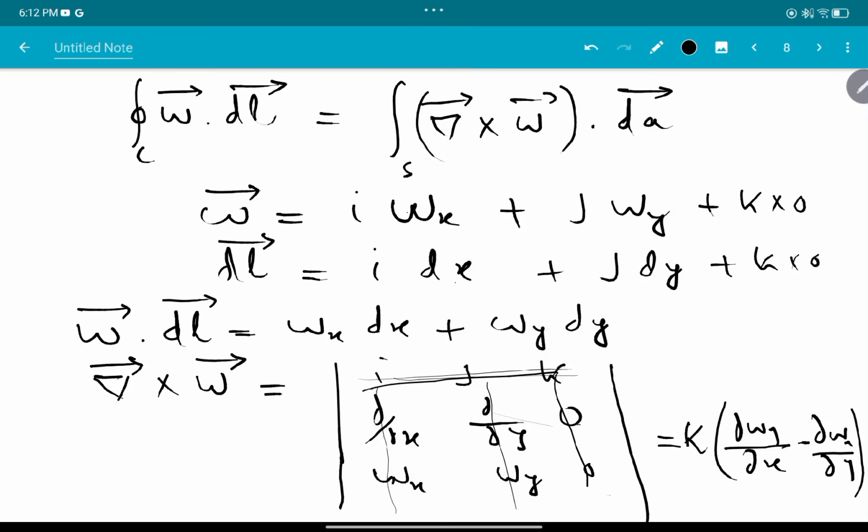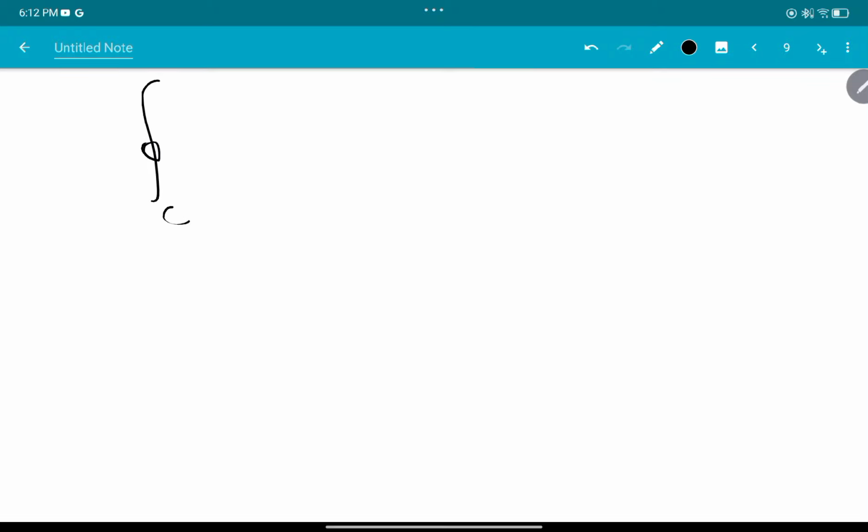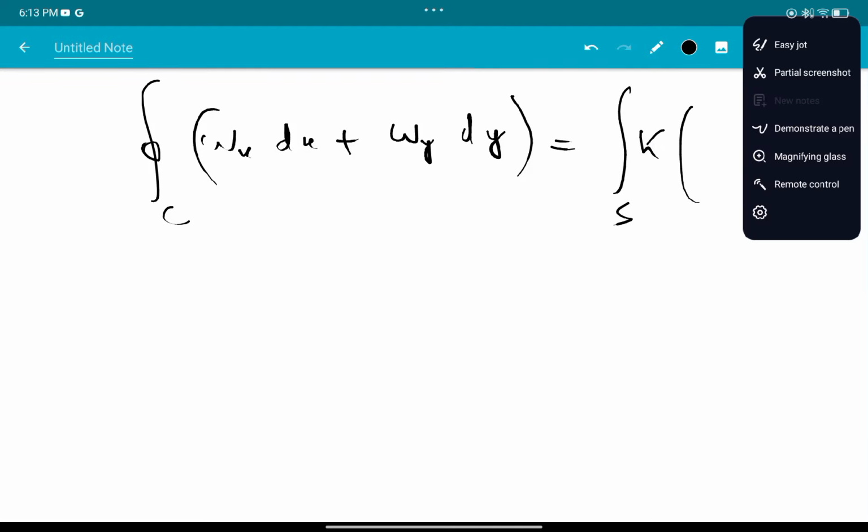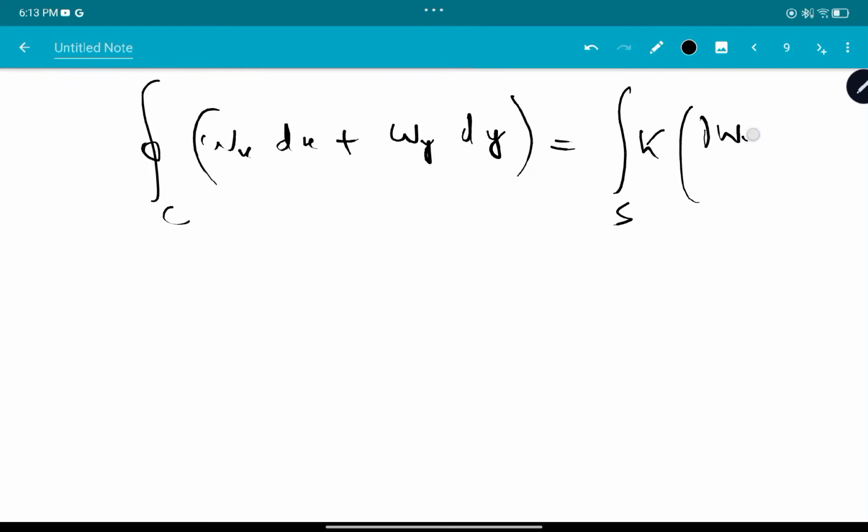Now if I substitute these values on the two sides, I will find that first of all I have Wx dx plus Wy dy on one side. On the other side we have the surface integral, and del cross W is k times del Wy by del x minus del Wx by del y, dot dA.